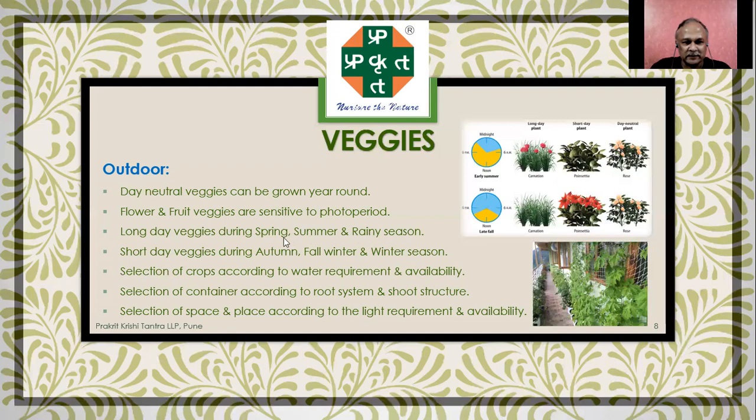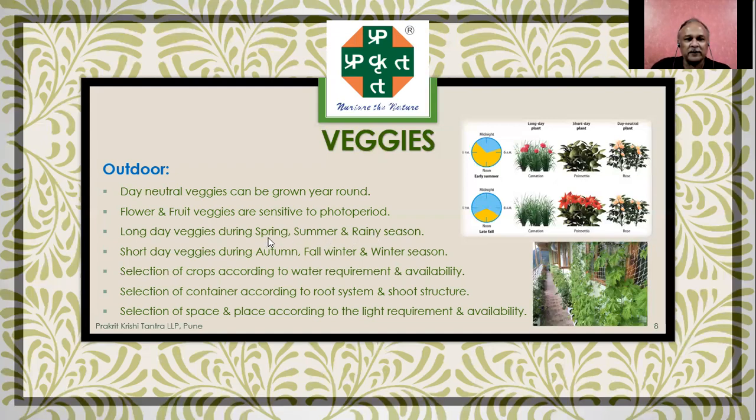This is a 6 months period from 21st March to 21st September in the northern hemisphere, and just opposite of that in the southern hemisphere is the long day condition. That means in northern hemisphere, the long day condition will be from 21st March to 21st September.